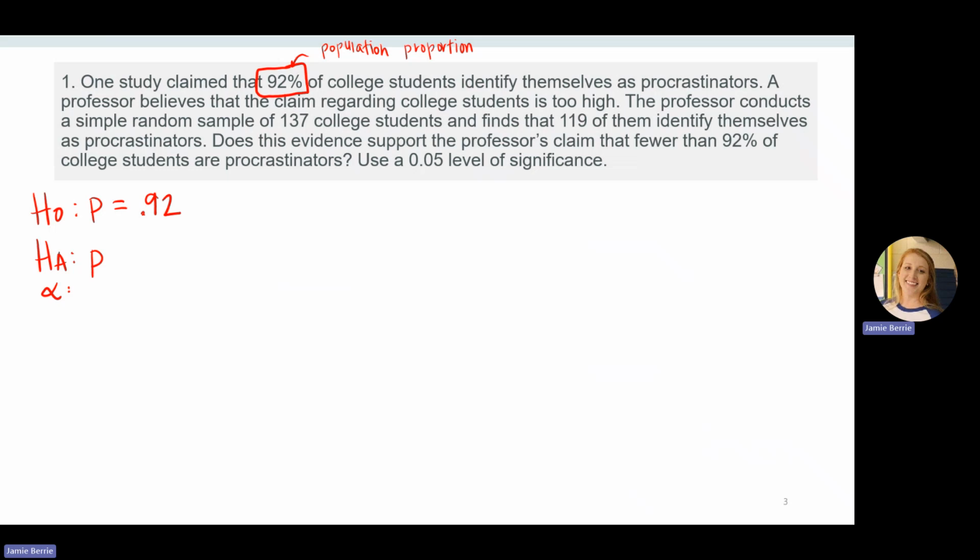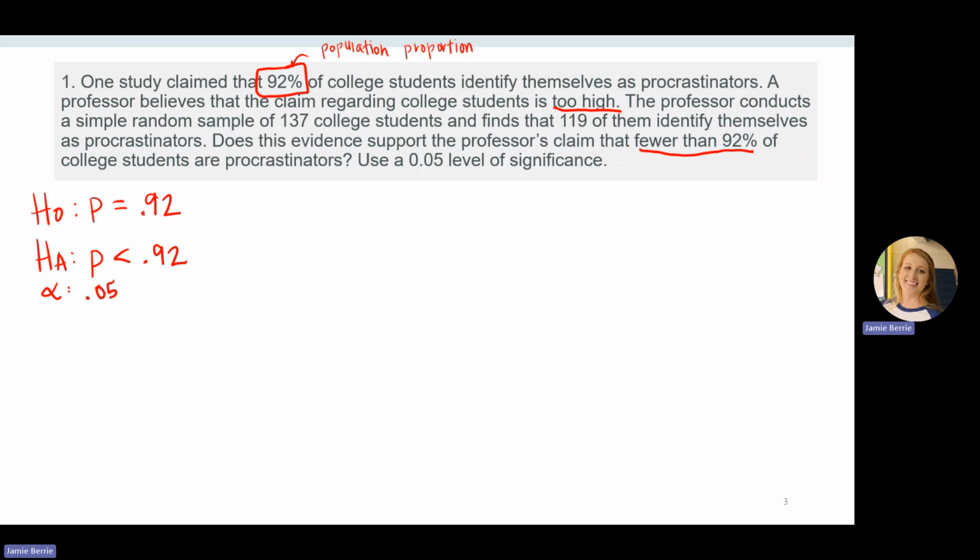And then this professor believes that less than 92% of college students are procrastinators. They state that twice, just in different ways. First, they say that the professor believes that the claim is too high. And then later on, they describe that as fewer than 92%. So we're going to say less than 0.92. And they told us to use a 0.05 level of significance.